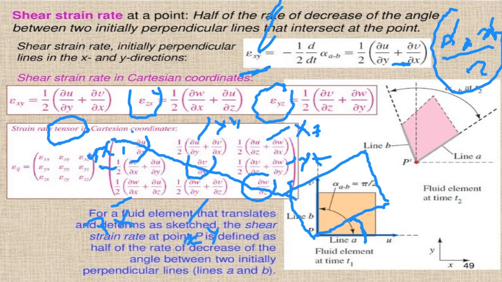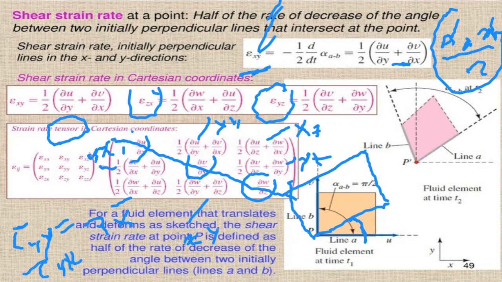If you compare them, you will see that actually xy and yx are the same: du/dy plus dv/dx, and dv/dx plus du/dy, which are the same. So it's like the shear stresses. Remember from the shear stresses, tau xy is equal to tau yx.